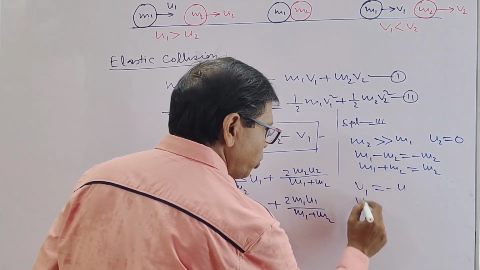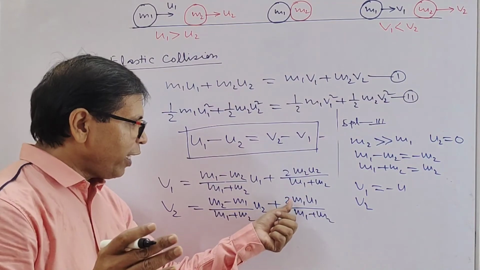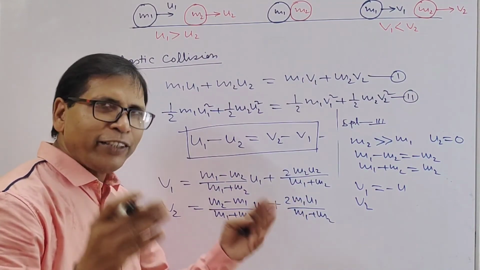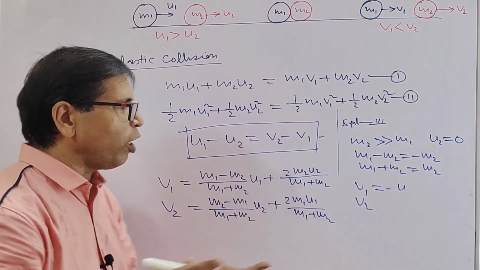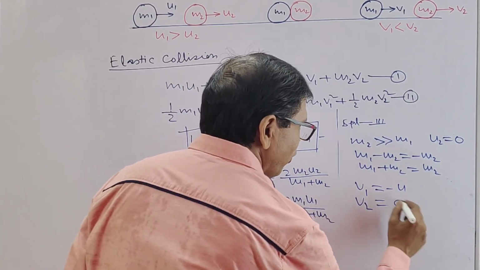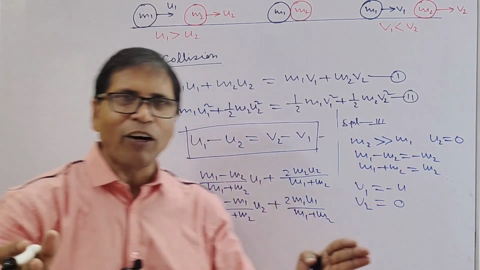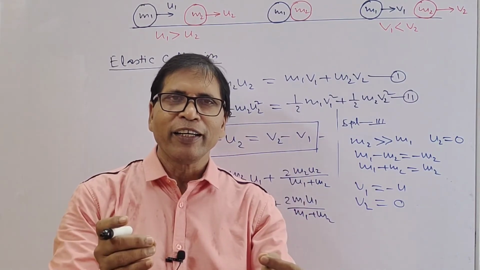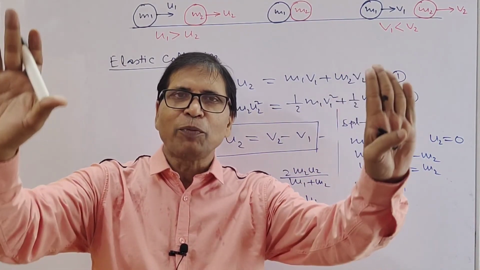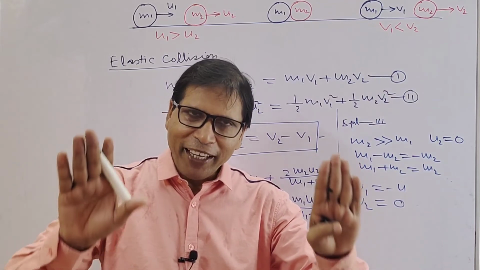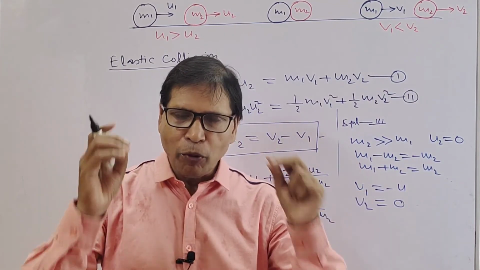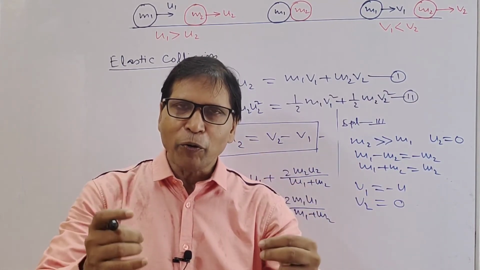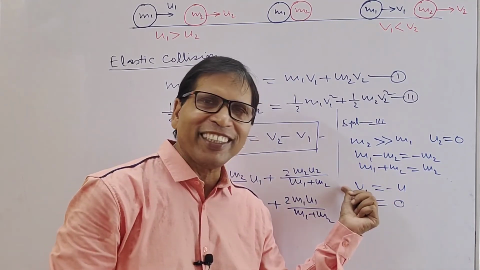And v2 is 0, since 2m1 by m2 is a negligibly small fraction, so this is 0. Therefore in elastic collision between a moving small body and a stationary large body, the large body remains stationary and the small body is reflected back with the same velocity.